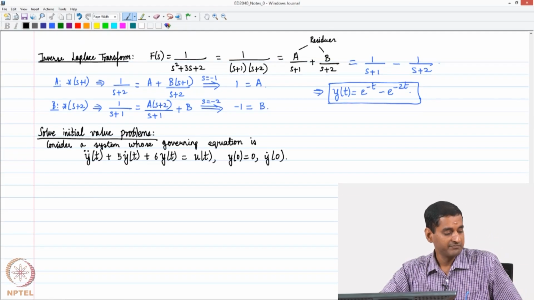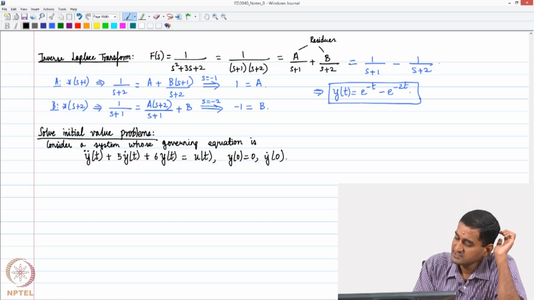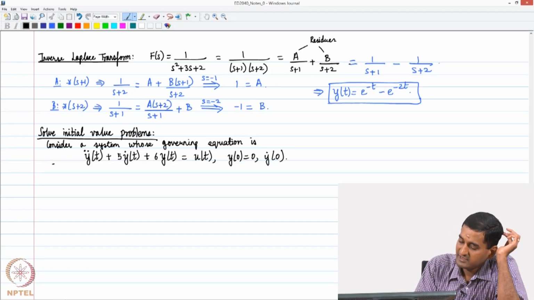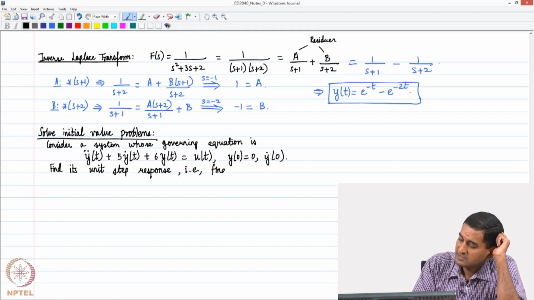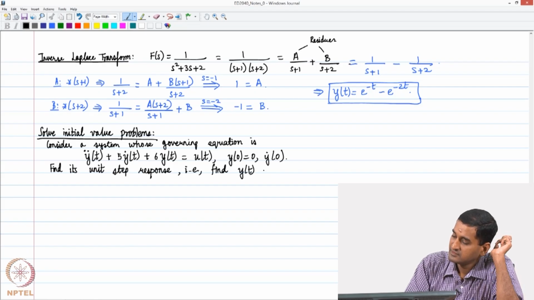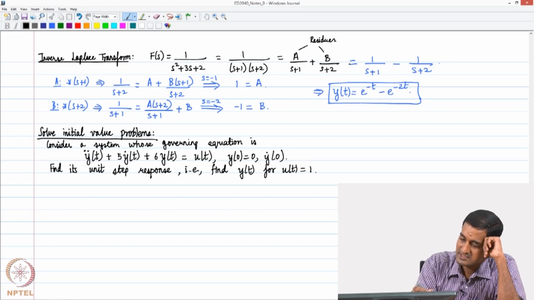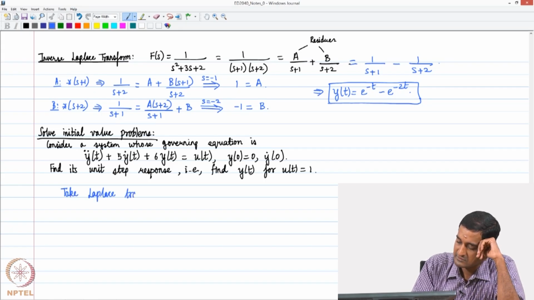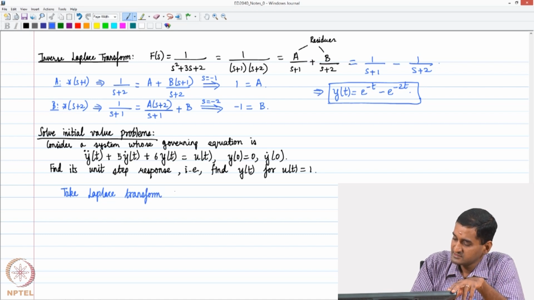What we are doing here is, let us say we want to find its unit step response, that is, find y of t for u of t equals 1, right. So that is what we want to do. So as a solution, what we do is we take the Laplace transform on both sides of this particular equation.